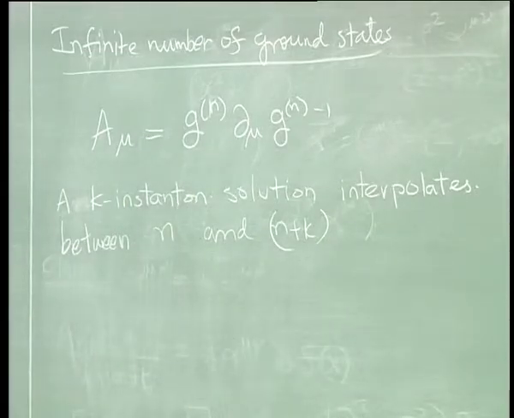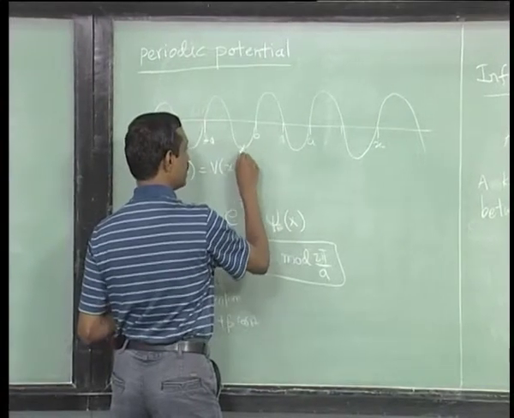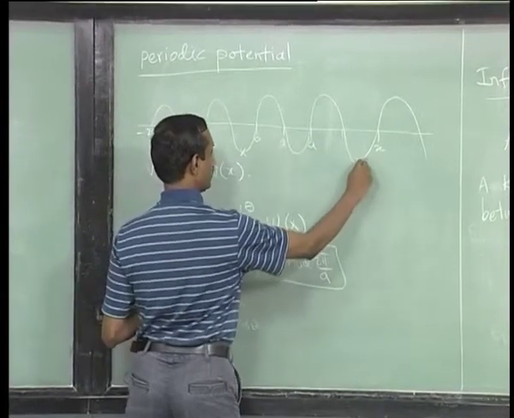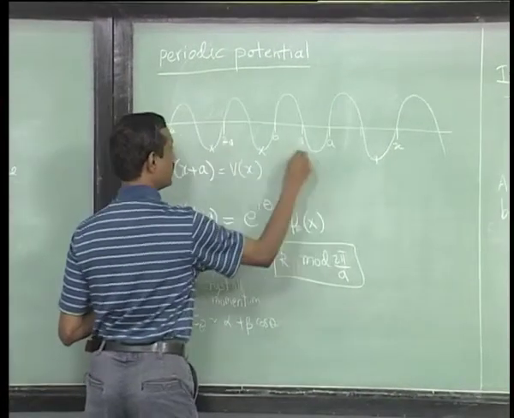It need not be 0 to k, it can change, it should only change by k. So it is exactly like this: a 2 instanton solution can take you from this vacuum to here, but it could also take you from this to here.